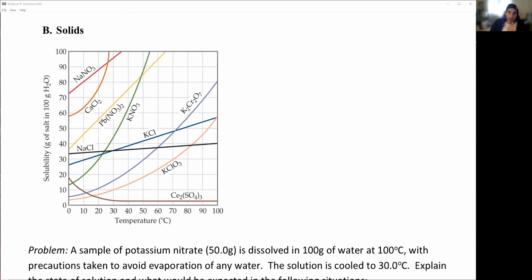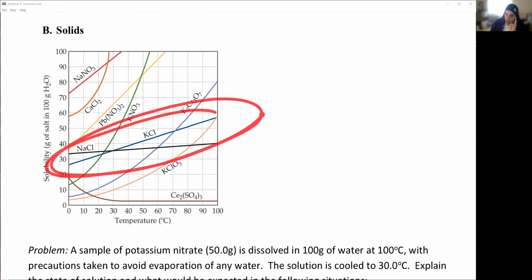All right, solubility. So this is an important kind of graph to understand, to be able to read. So what do we notice here? Take a moment and pause this and take a look through this graph. Okay, some things that you're going to notice is, first of all, some trends happen to be linear.